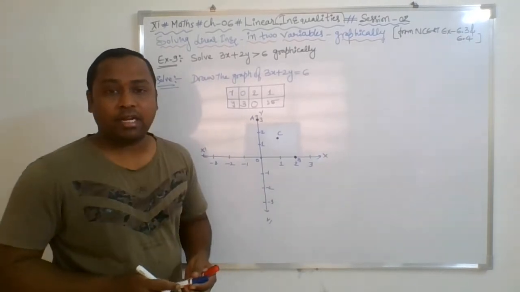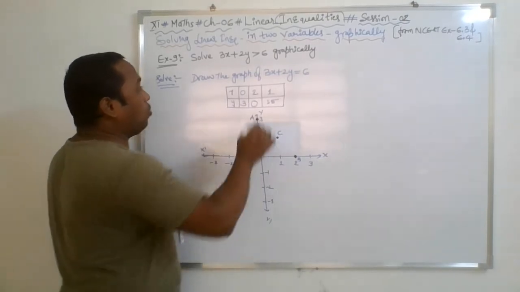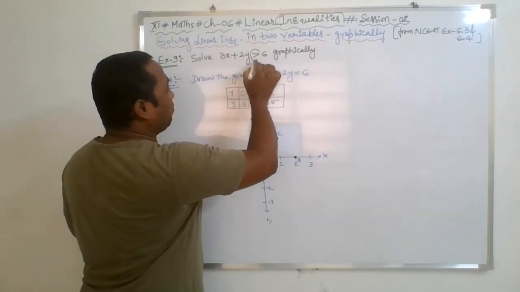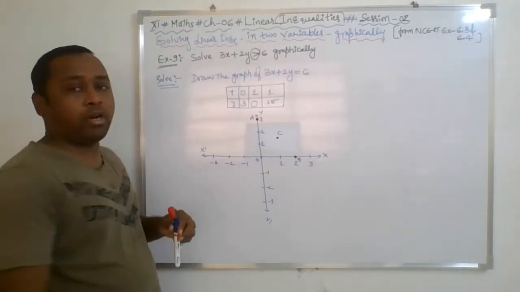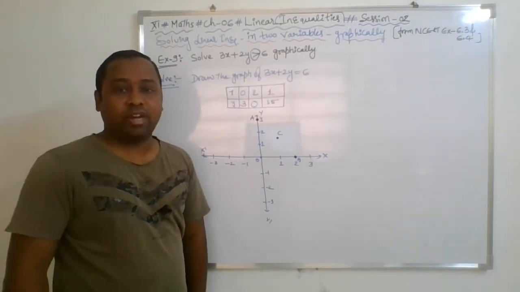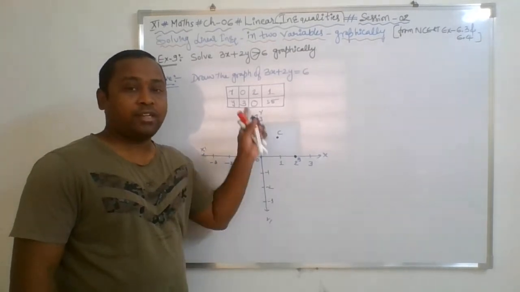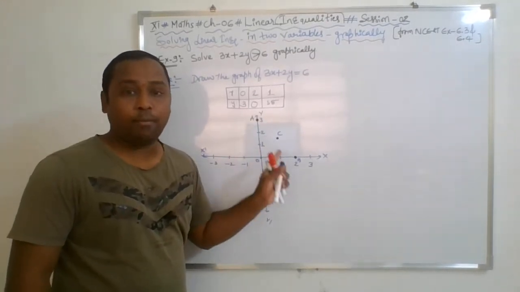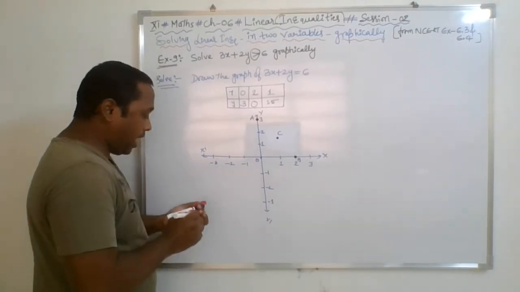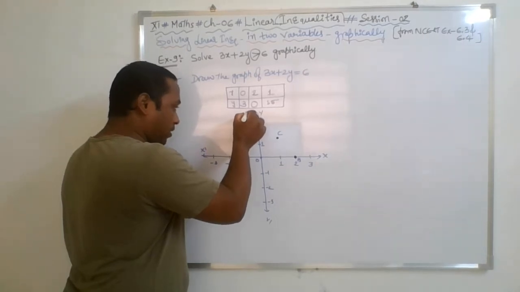Either with a straight line or with a dotted line. For that you need to look into the inequality involved. What is the inequality involved? It is purely greater than, which means strict inequality. Hence, you need to join these points with a dotted line with the help of a scale.